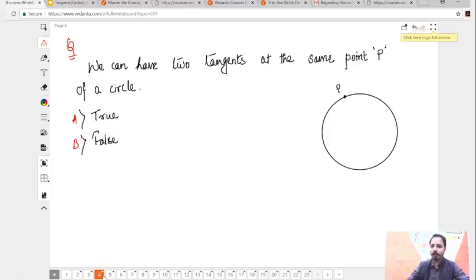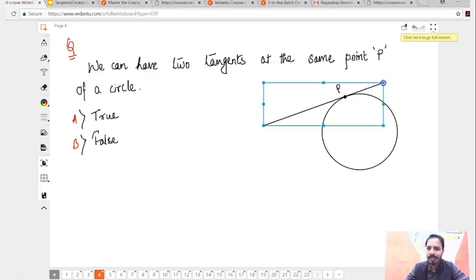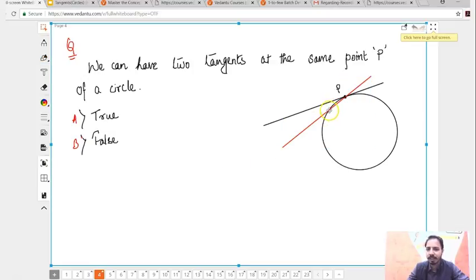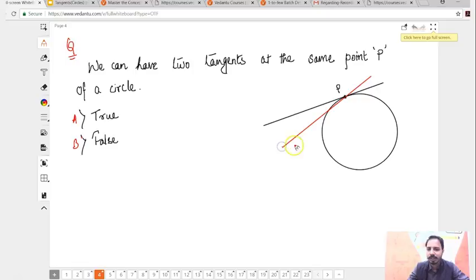Next, suppose I have a point P on the circle. The statement says we can have two tangents at the same point P of a circle. Is this true or false? Say this is one tangent at this particular point P. Can I have one more tangent at the same point? I can draw a line at this point, but this is not a tangent because it is cutting the circle, and it's not possible for me to draw any other tangent at this point.